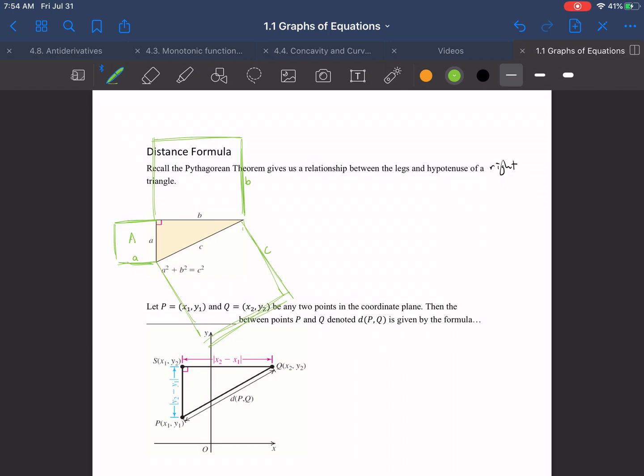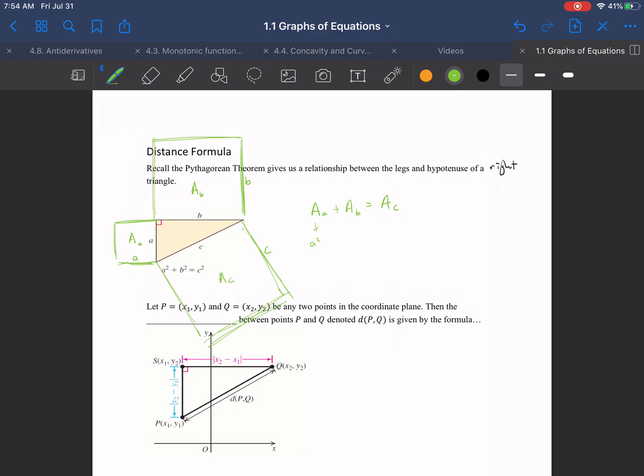And we could say this is area A, area B, and area C. And it turns out that area A plus area B is equal to area C every time for a right triangle. And you find the areas by doing, over here, this is A squared.